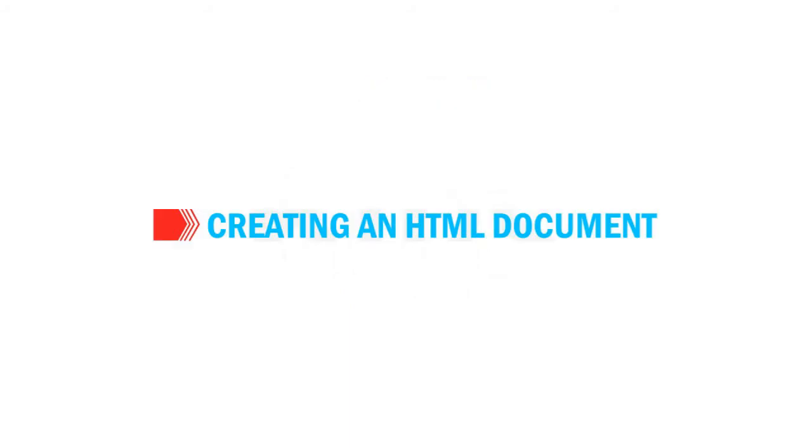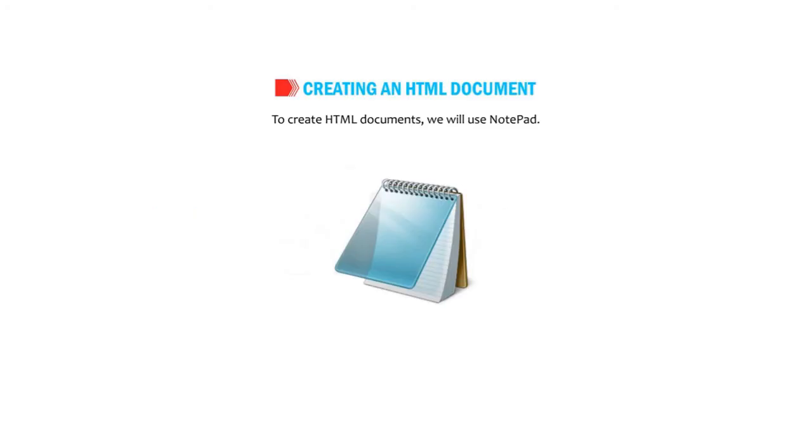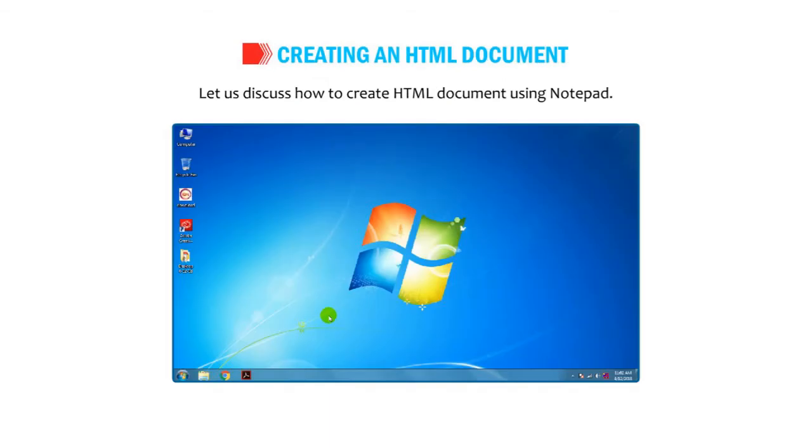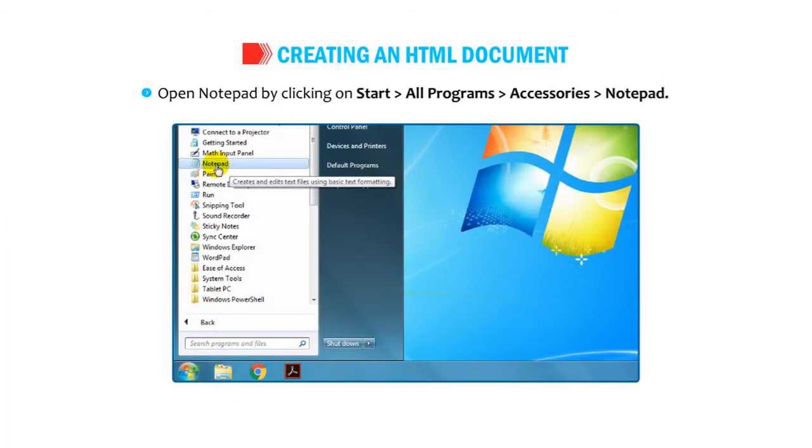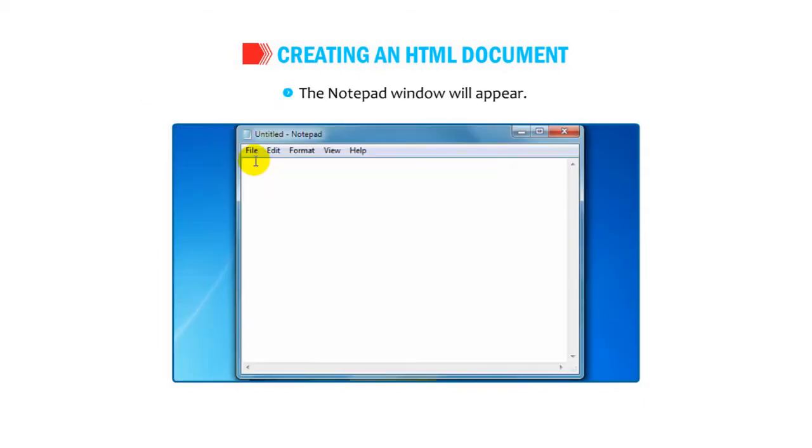So, let's learn how to create an HTML document. To create HTML documents, we will use Notepad. Let us discuss how to create HTML document using Notepad. Open Notepad by clicking on Start, All Programs, Accessories, Notepad. The Notepad window will appear.